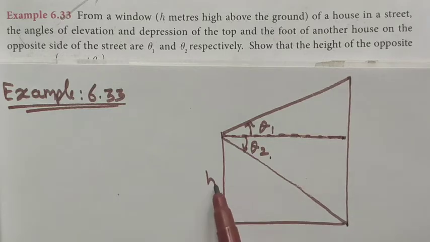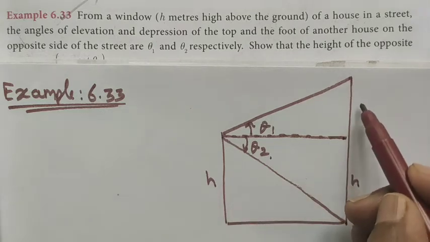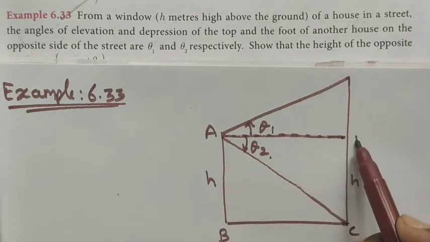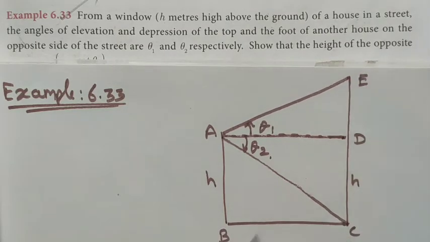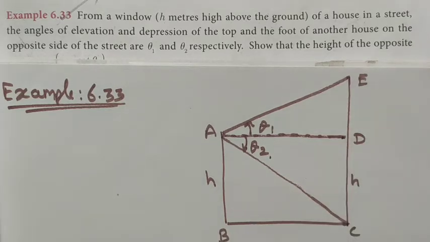Let me take it as this is h, this also the height h, right? Let me take the points as A, B, C, D and E. So AB is the window and ED is the house on the opposite side, top and bottom, right?